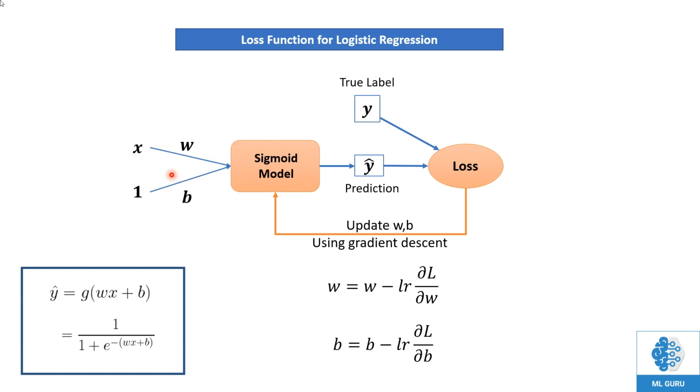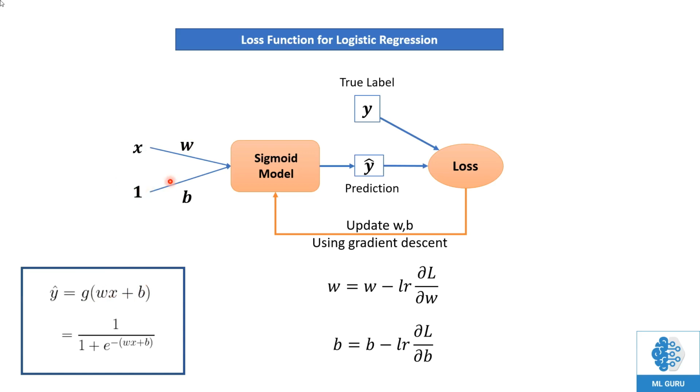The reason why we have represented it like this is because we have to pass the weighted sum of the inputs with the weight and bias to the sigmoid model. So first we multiply this w with x, you get this wx, and let's imagine there is a second column in the x part of the dataset which contains just 1 for all the rows.